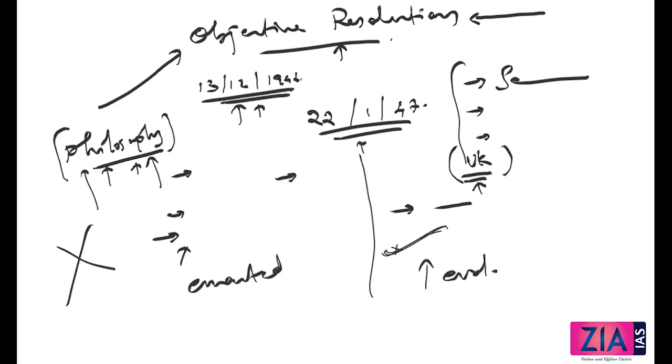Evolved means everything from the Magna Carta onwards, whatever orders and laws were passed, is incorporated. So who is supreme? Parliament, the law-making body. But here the Constitution is supreme. Any law made by Parliament which is against the Constitution will be struck down by the judiciary.